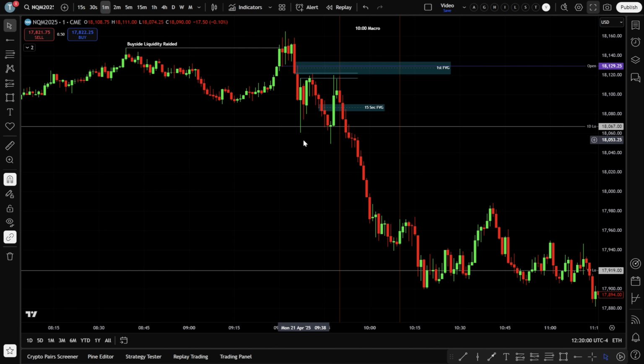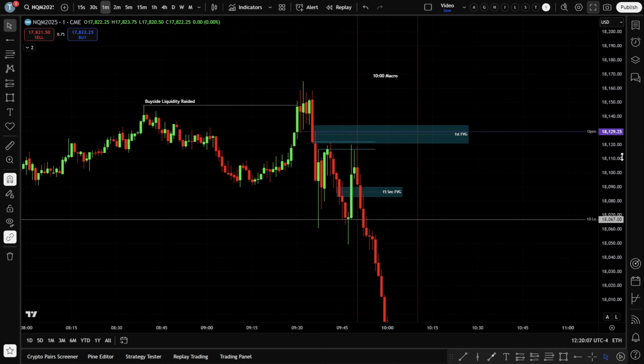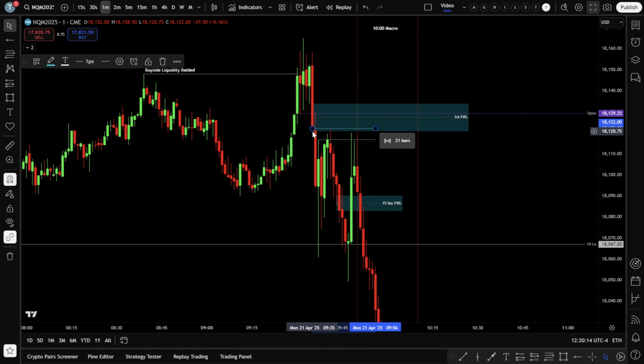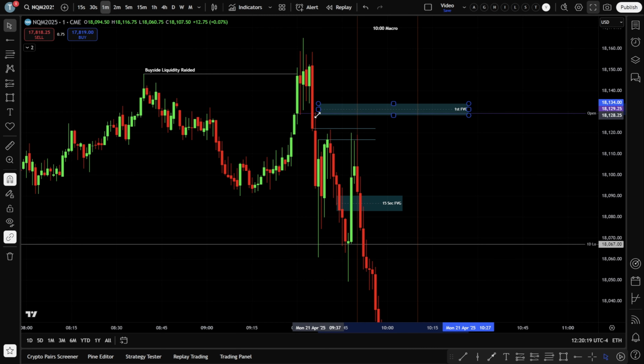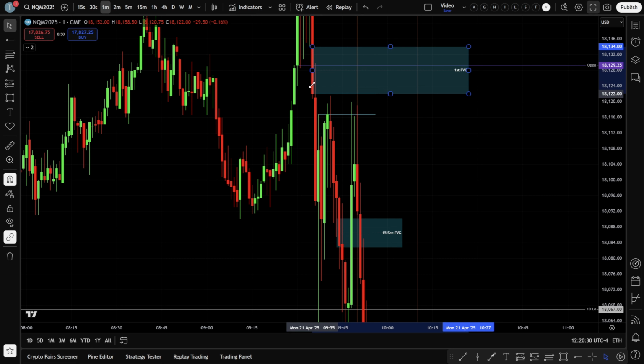And then in this drop, we have our first fair value gap that was formed after 9:30. This small section right here, but since there's this little volume imbalance here between these two candle bodies, that's a volume imbalance, we have to include that in our fair value gap.